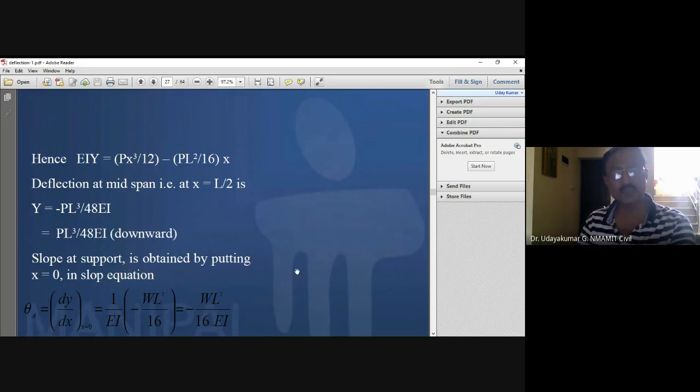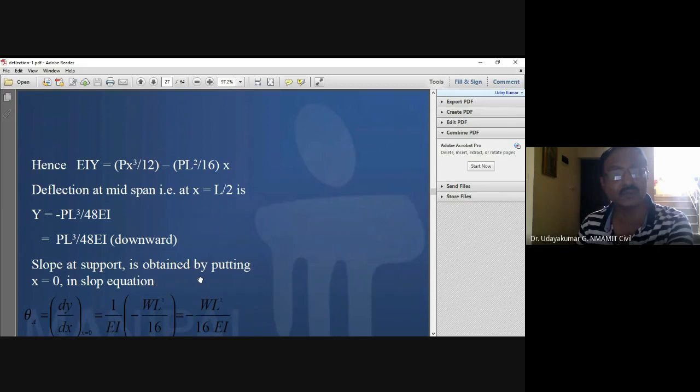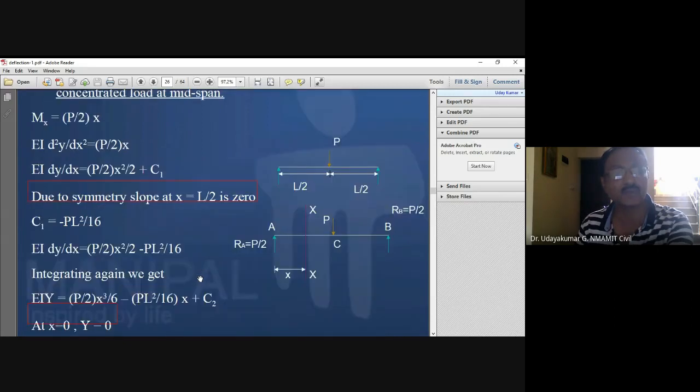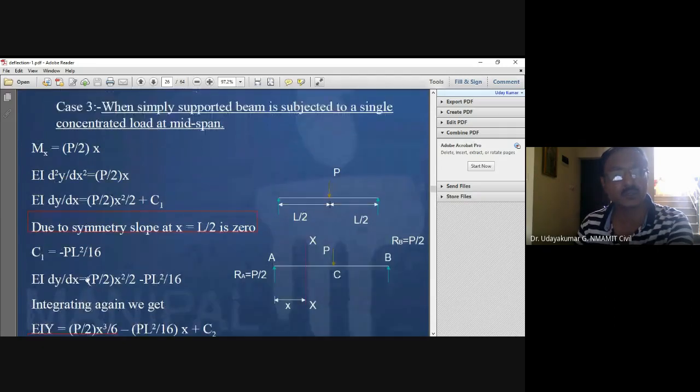To find the slope, substitute dy by dx at A, the starting point. Slope at support is not 0 at x equal to 0. Therefore, for the slope equation, you get only the first term. So this is the slope equation.